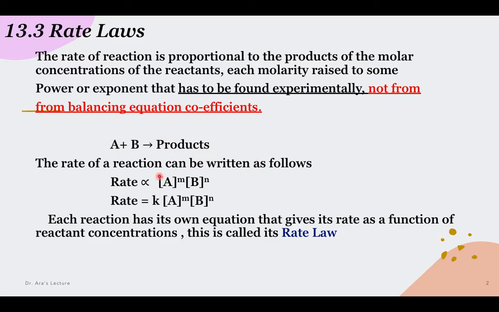We can change the concentration with respect to A or with respect to B. For example, if we double the concentration, we need to observe the overall rate of reaction with respect to A and B. In this chapter, we are going to learn how we can calculate these powers m and n, and also we will study the order of the rate law or order of reaction, which is closely related to this equation.